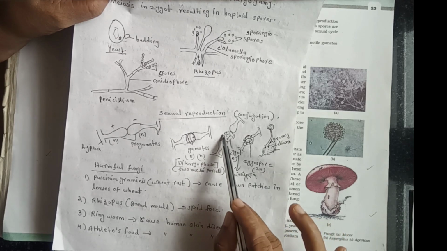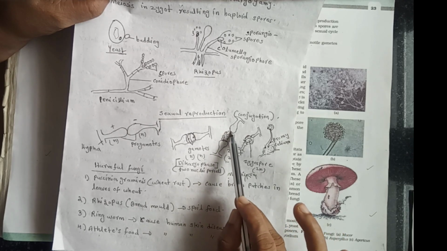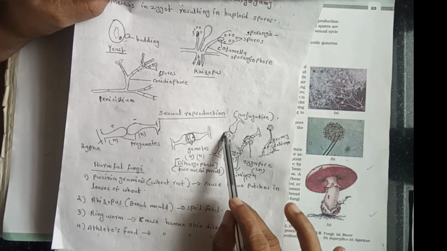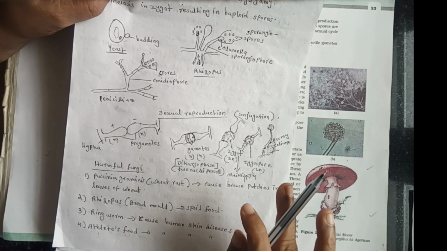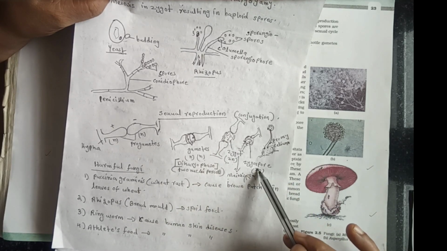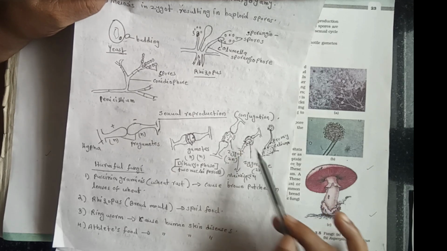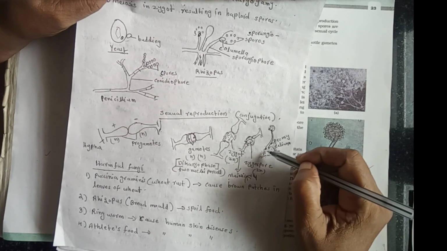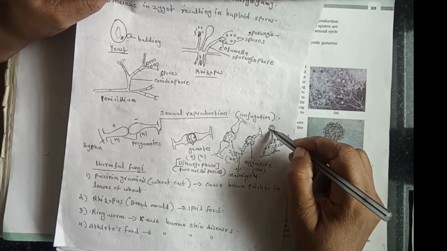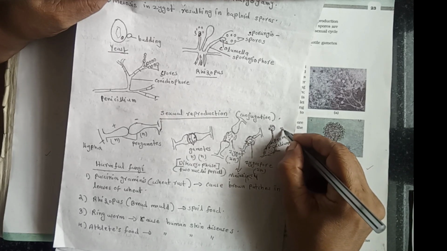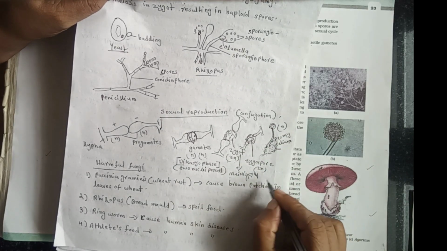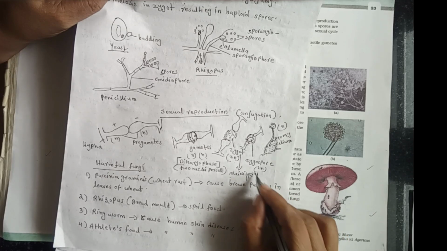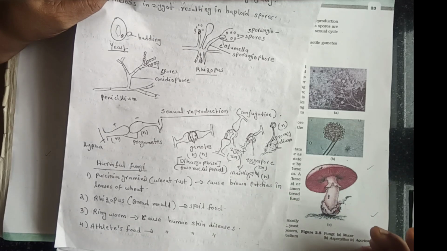Then in the zygote, meiotic division takes place and forms 4 haploid cells. From each of these 4 parts, promycelium or a new plant part arises. This is also haploid. These 4 of them are haploid.